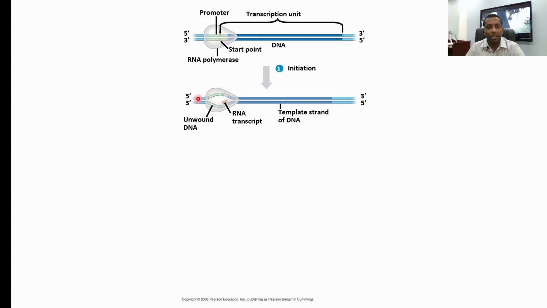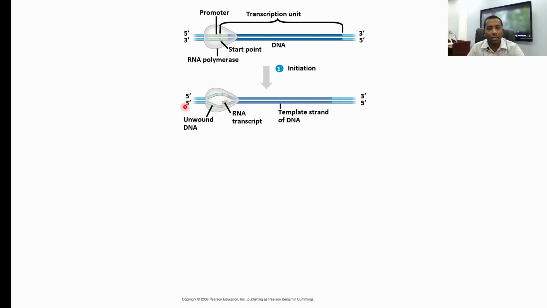So once the RNA polymerase 2 is attached, it starts to unwind the double-stranded DNA, and one strand of the DNA is used as the template for the RNA molecule.